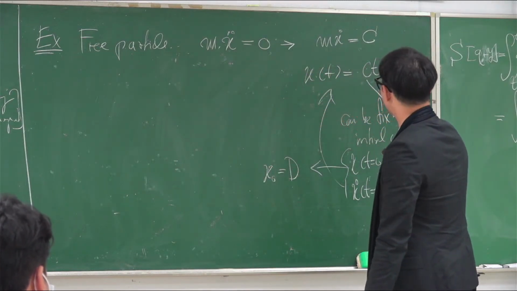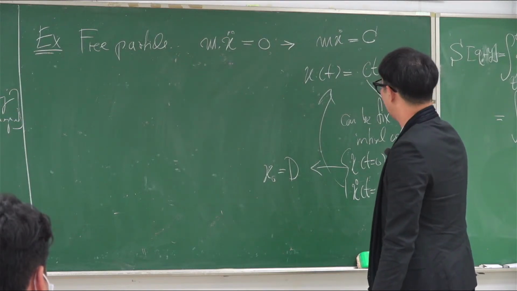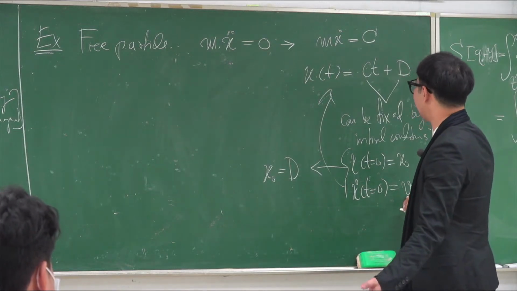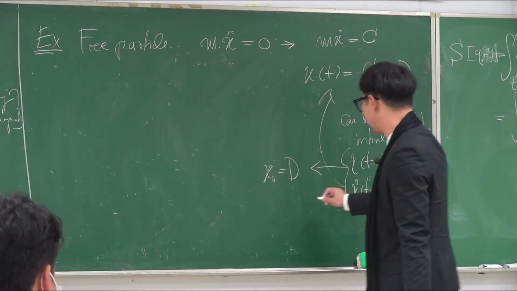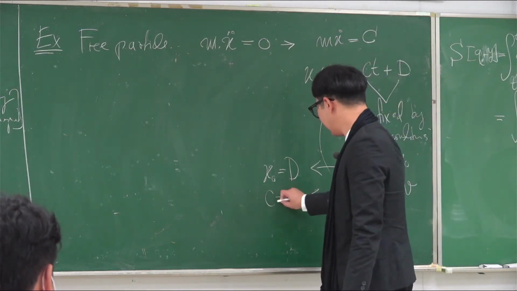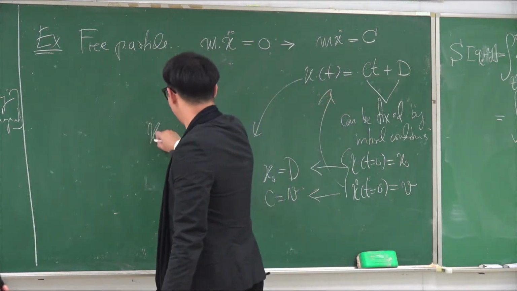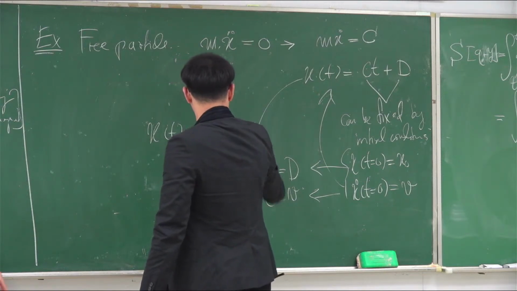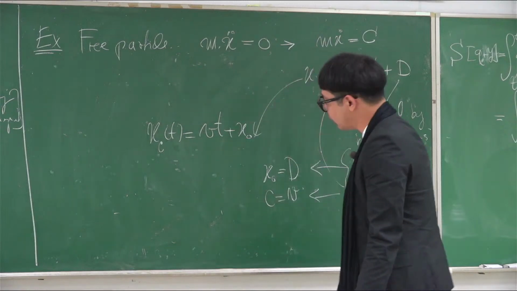And so this should be constant. Then your c, you cannot avoid, must be v, right? Then again, your x at any time will be x naught plus vt, and then you say that actually this is a classical solution.